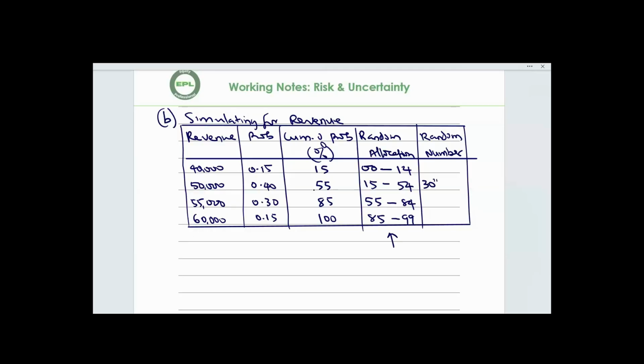What's the second random number for revenue? 20. 20 is the same place. Then set 3, revenue. What's the random number? 79. So here is 79. So with this, we have simulated for revenue.